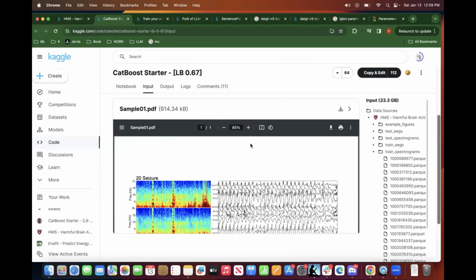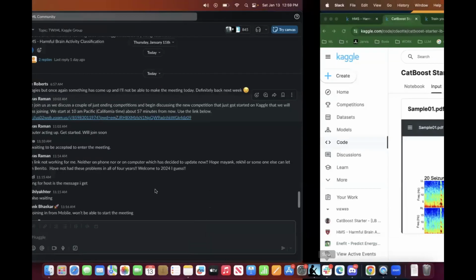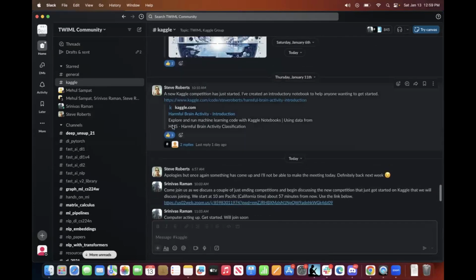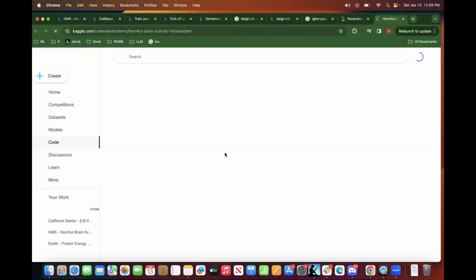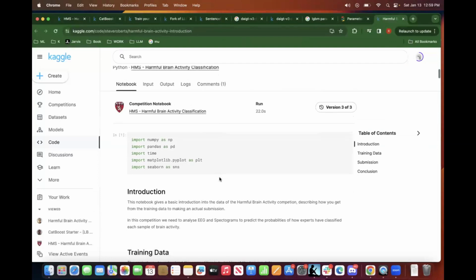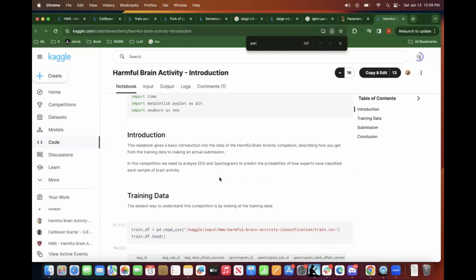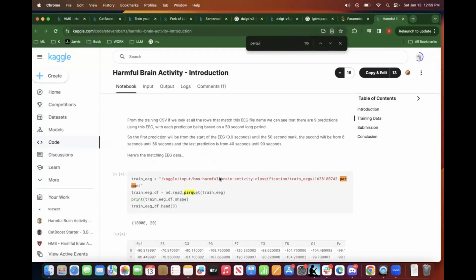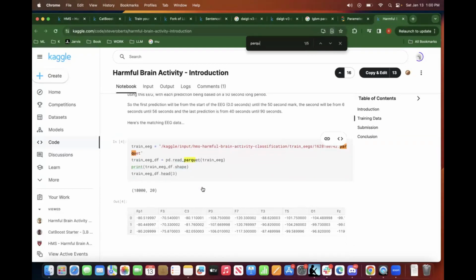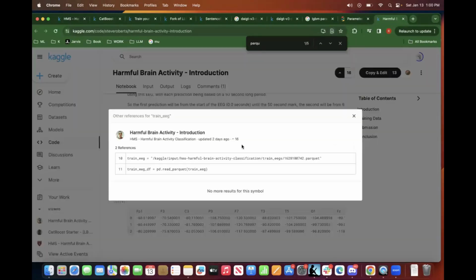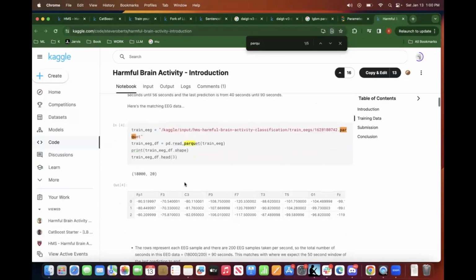Actually, didn't Steve share his notebook? Yeah, and he does put in a Parquet somewhere. I guess it reduces it to these tabular values.